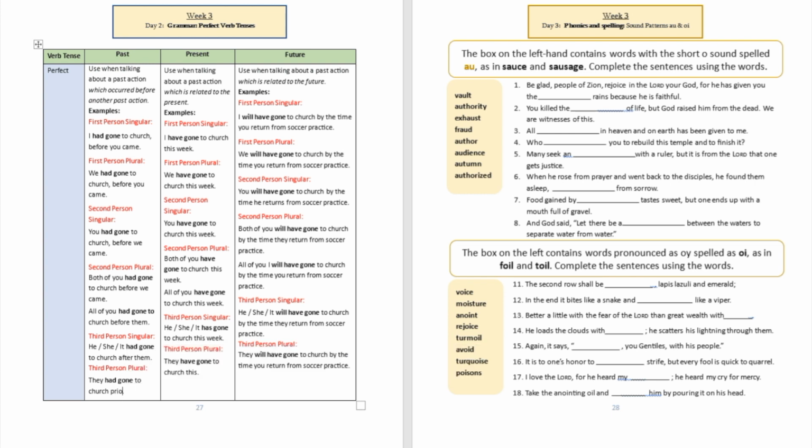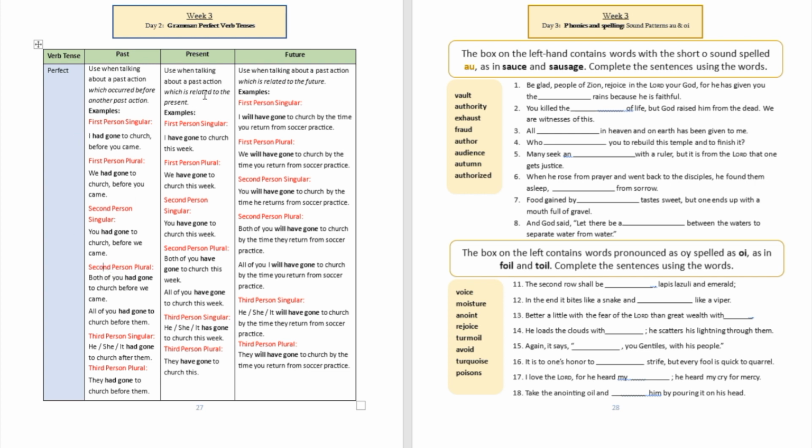You can say prior to them or before them. All right, so these are ways that you can do the past perfect tense.